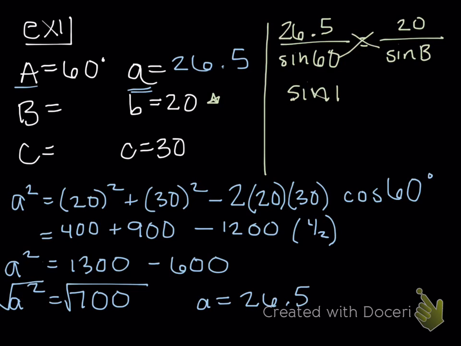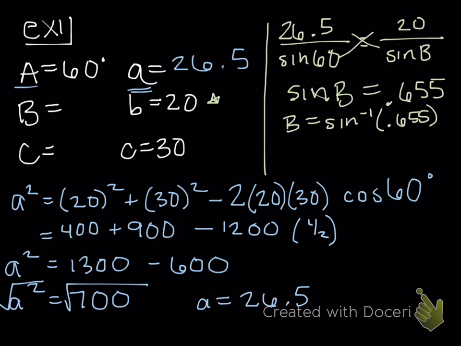So I have sine of B equals 0.655. And then to get rid of sine, I take the inverse of sine. So for angle B, we would type the inverse of sine of 0.655. So we find that angle B is equal to 41 degrees.